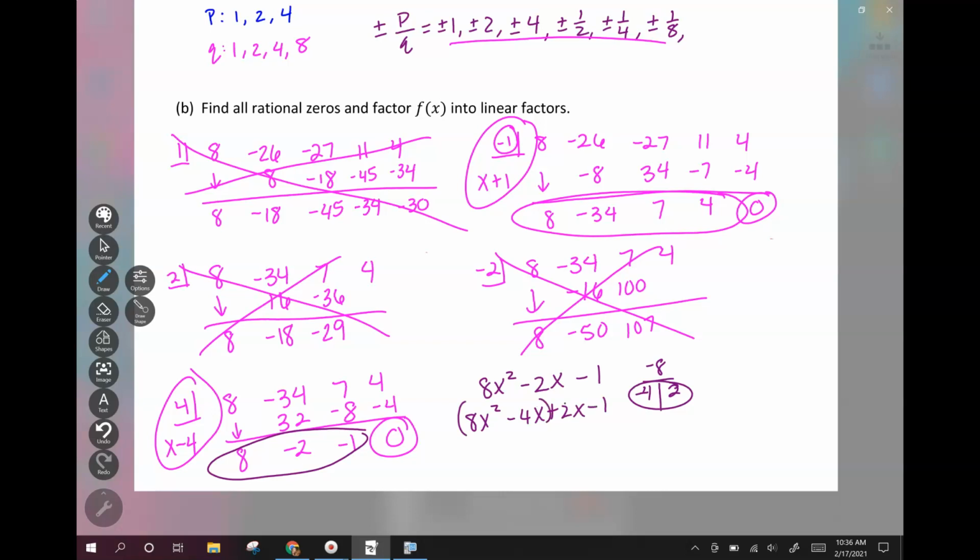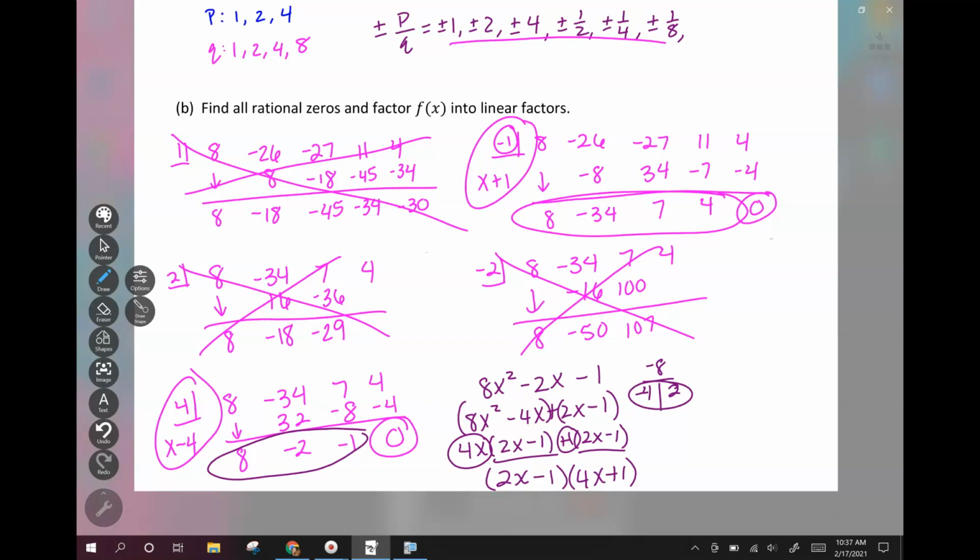Okay, factoring by grouping here. Okay, so I've got my matching binomial 2x minus 1, and my leftover 4x plus 1. All right, so those are my other two factors.